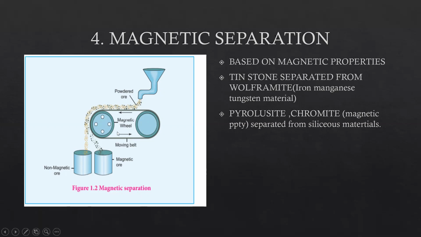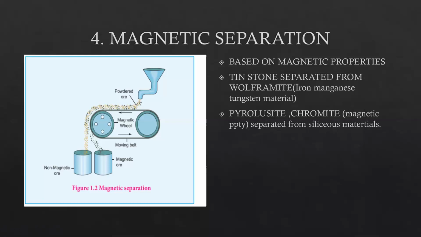When the ore reaches the magnetic roller, the magnetic particles are attracted by the magnet in the magnetic wheel. Afterwards we collect the magnetic material in the magnetic ore tank, and the non-magnetic particles are collected in another tank. In this way we separate the magnetic material from the non-magnetic materials.